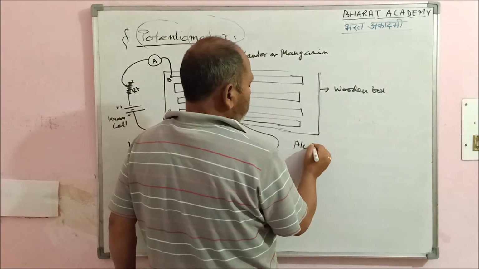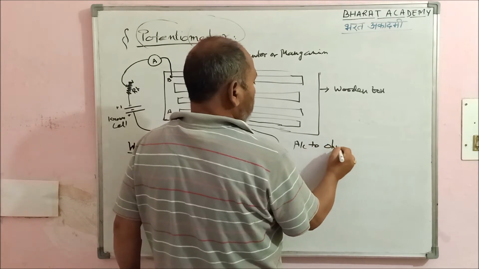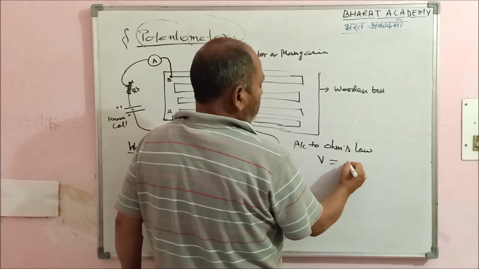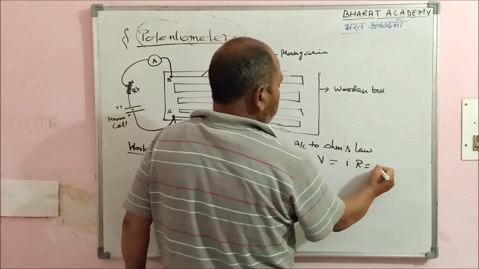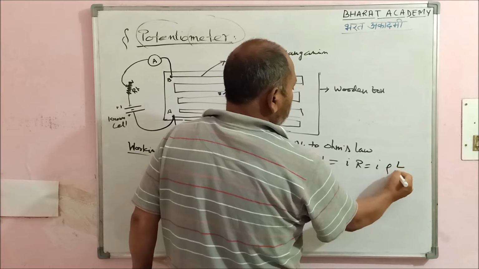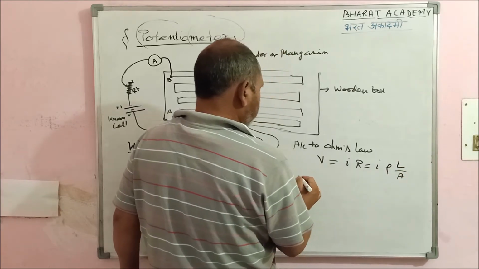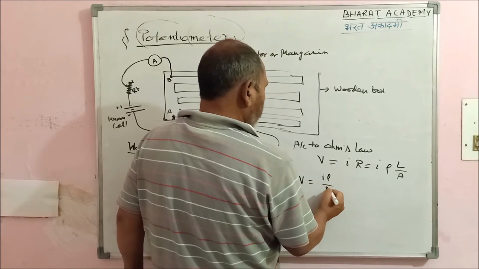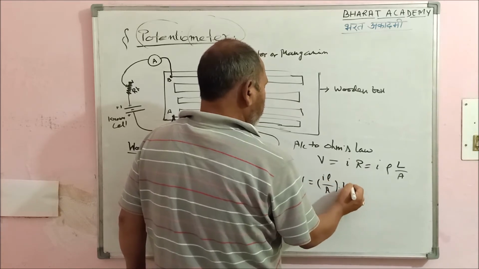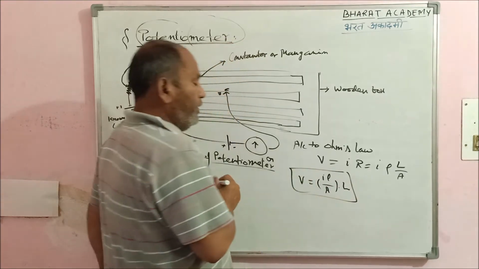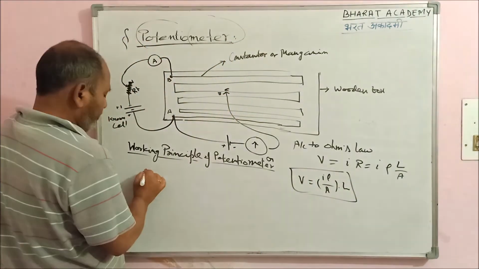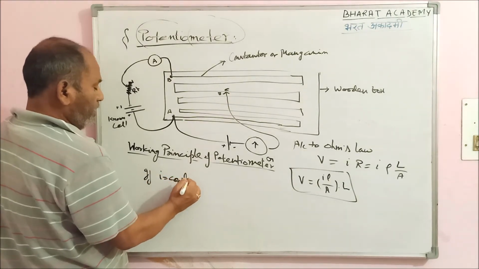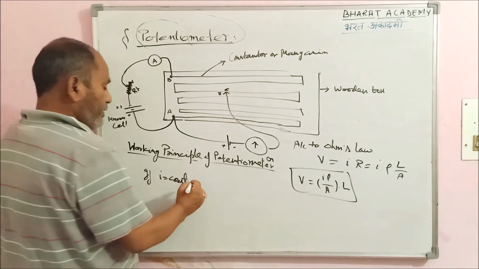If you do remember, according to Ohm's law, we were having V equal to IR. If R is rho L by A, by this we can have V equal to I rho L by A. If I is constant, current is passed through it, right?